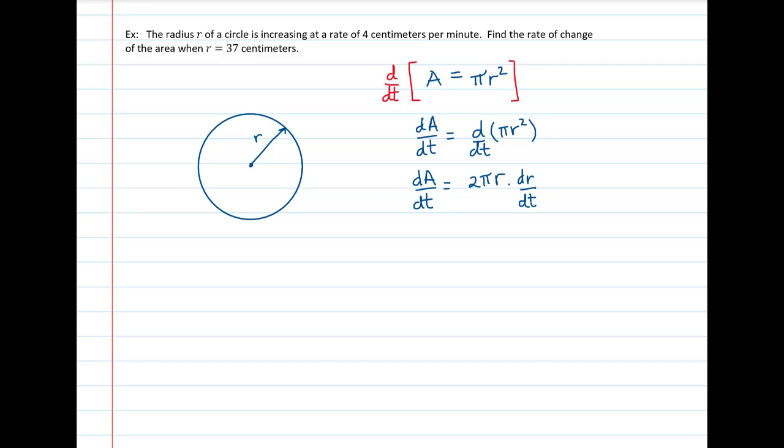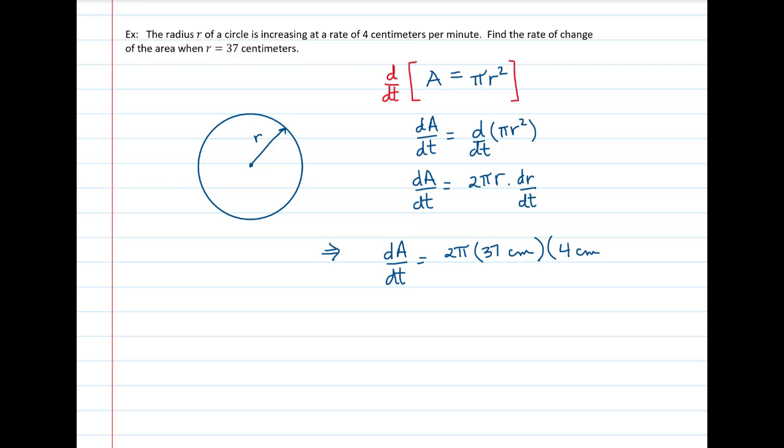Okay, after we're done with the derivative, we're ready to substitute all our values that are given in the problem, and we want to find the rate of change for area with respect to time, so that's dA/dt. That's equal to 2 pi. The radius is 37 centimeters here, and I'm going to put the units here so that you'll see exactly what we're going to get at the end.